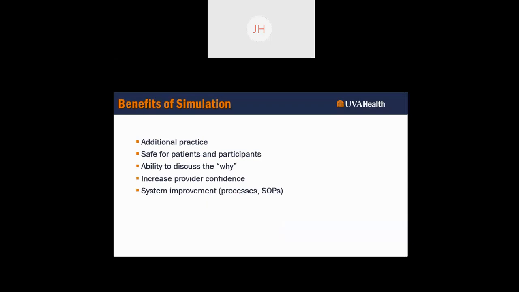Lots of different levels for this. One, we're just going to get you some additional practice. You have low frequency, high acuity patients who come to you. Let's practice with some of them before you get the actual real patients. We can do that practice in a way that's safe for both patients and participants because there aren't any patients around as part of the simulation, but it's also safe for the participants as well.